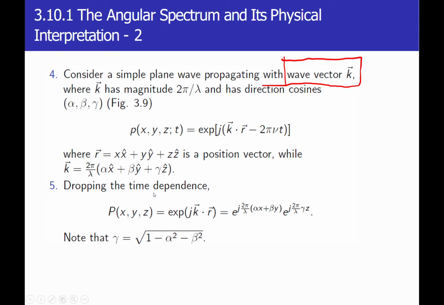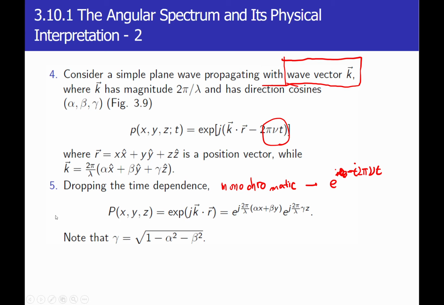And then assuming we have a monochromatic wave, that means we already know how it is going to change, as e to the minus i 2 pi nu t. So we don't have to worry about the time dependence, and so we can just drop it.